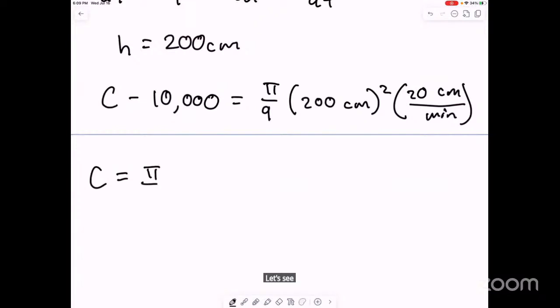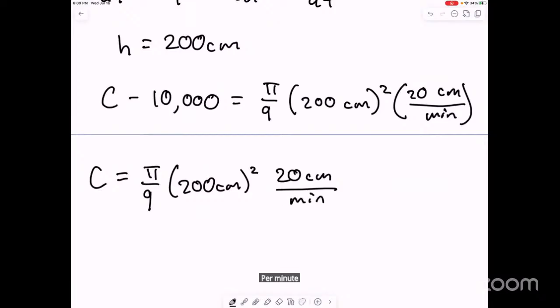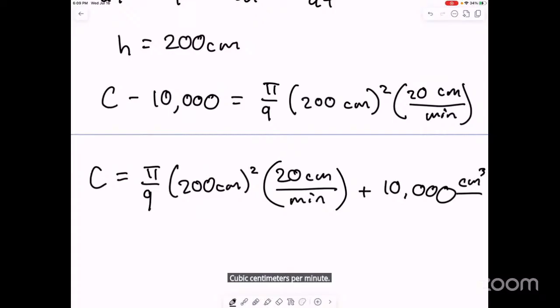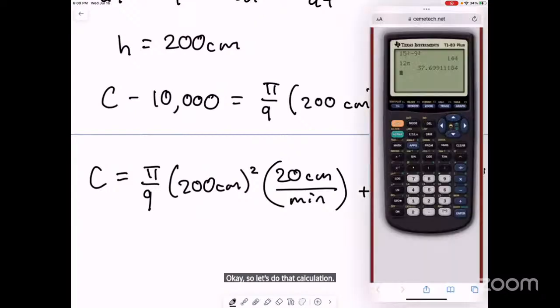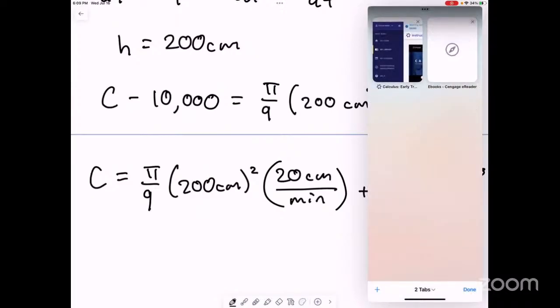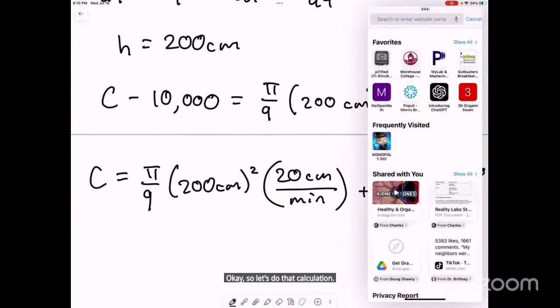So we get pi over 9, 200 centimeters squared, times 20 centimeters per minute, plus 10,000 cubic centimeters per minute. So the units do match up. Okay, so let's do that calculation.